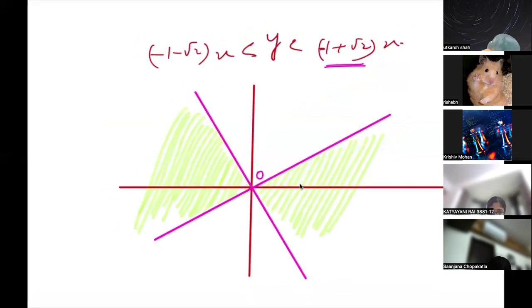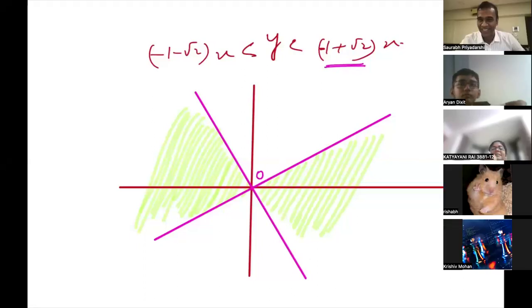Is this good? How many of you are getting this? Yes, Katani, are you getting this? Sir, I was getting something. What? Beta, show me. Well, I have not drawn it.